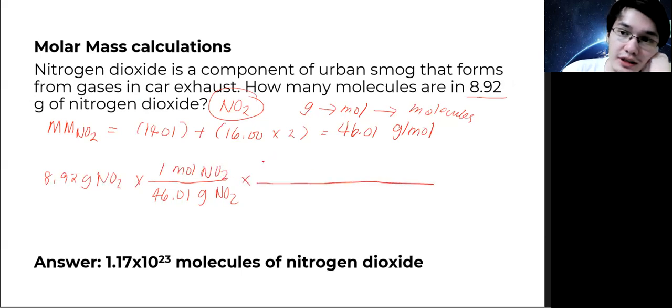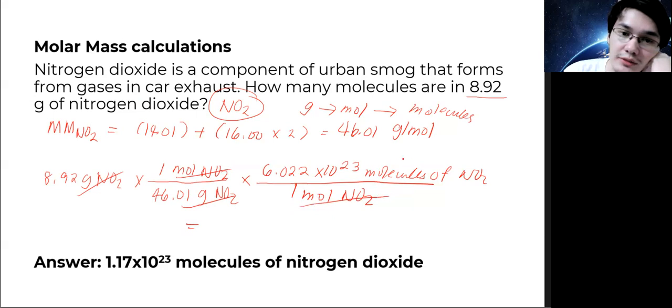Then we make use again of the Avogadro's number, molecules of nitrogen dioxide per 1 mole of nitrogen dioxide. So calculating, we cancel these units.